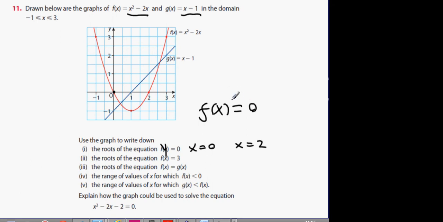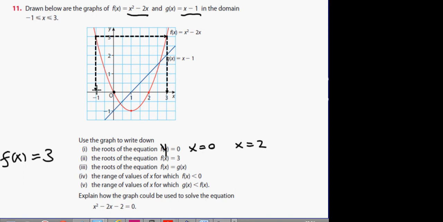You're always going to get an X answer, okay? Not Y answers, X answers. Now what about this question here? Are we going to get an X answer or a Y answer? X answer. For what input is the output 3? Where is 3, guys? Minus 1 and 3.